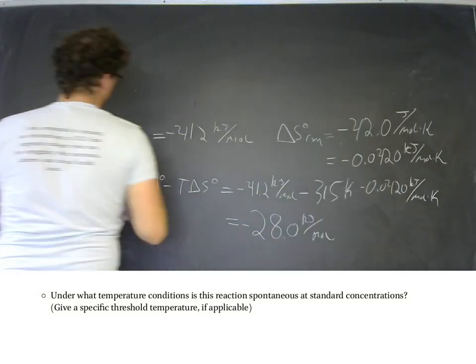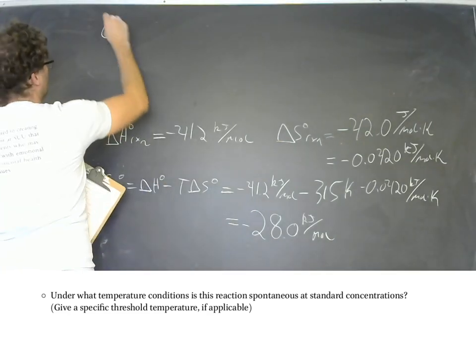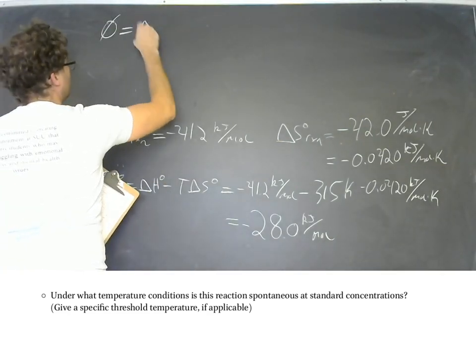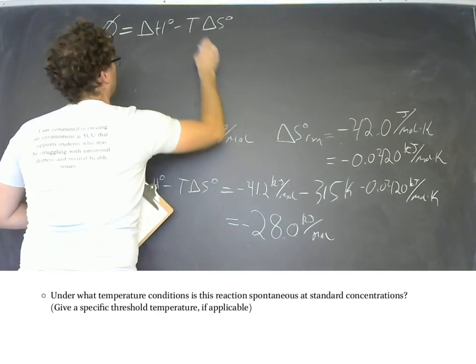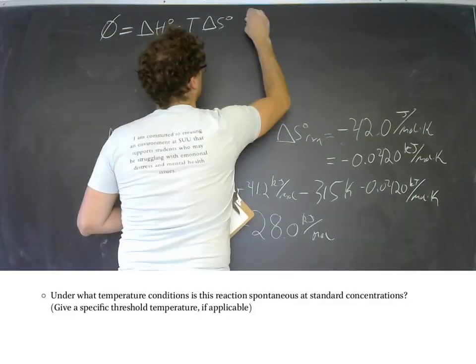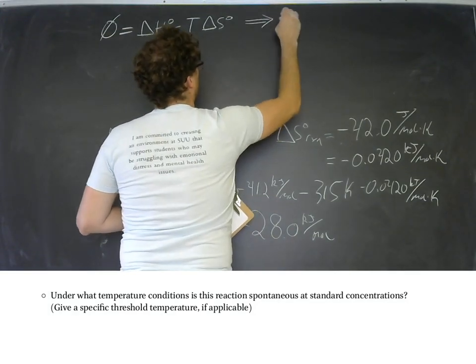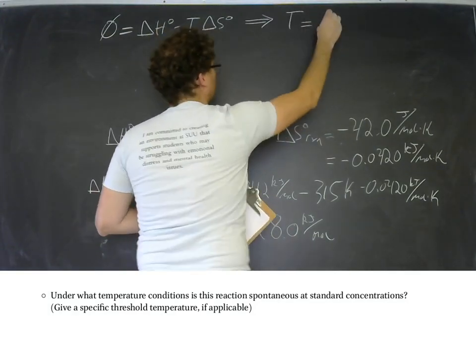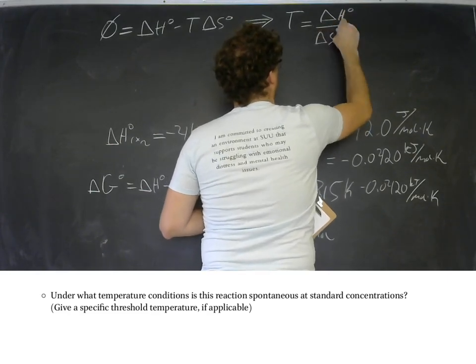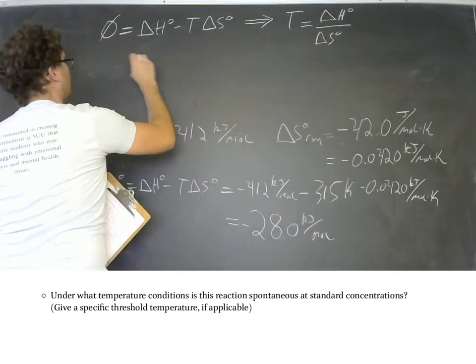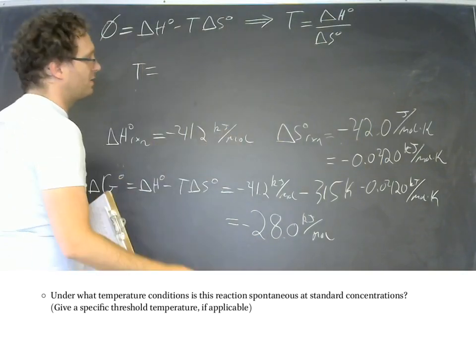The threshold will happen when delta G is equal to 0. So 0 is equal to delta H naught minus T delta S naught. And that implies that T is equal to delta H naught over delta S naught. We'll just plug in those values.